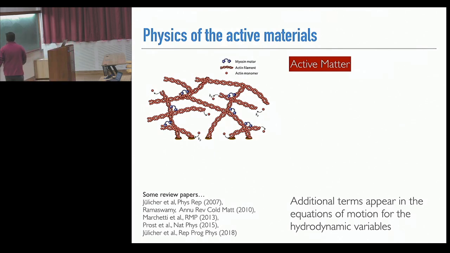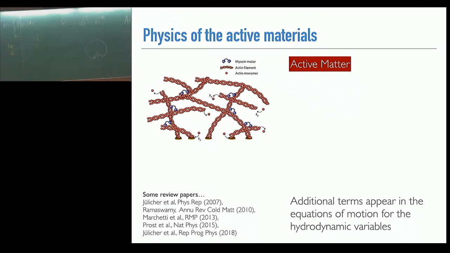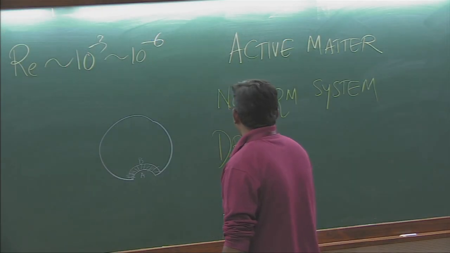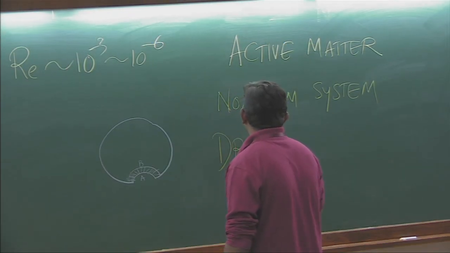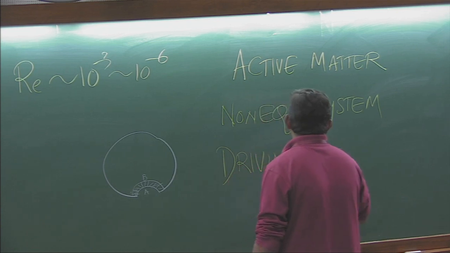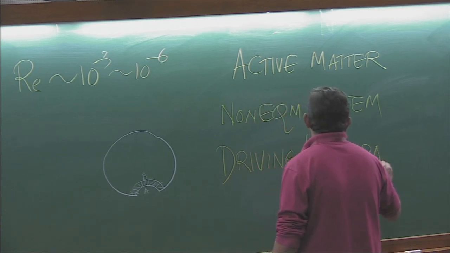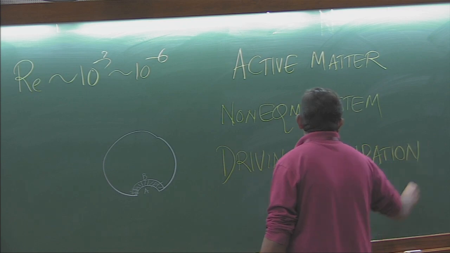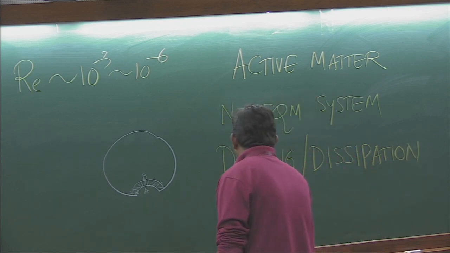So active matter is a novel class of non-equilibrium systems where the driving and dissipation of energy occurs at the level of individual units.